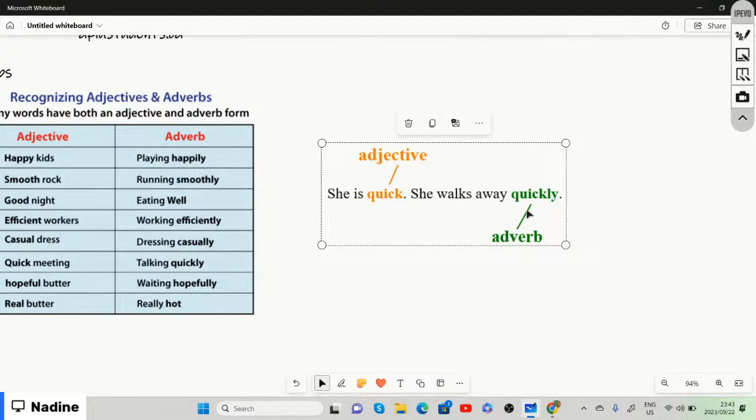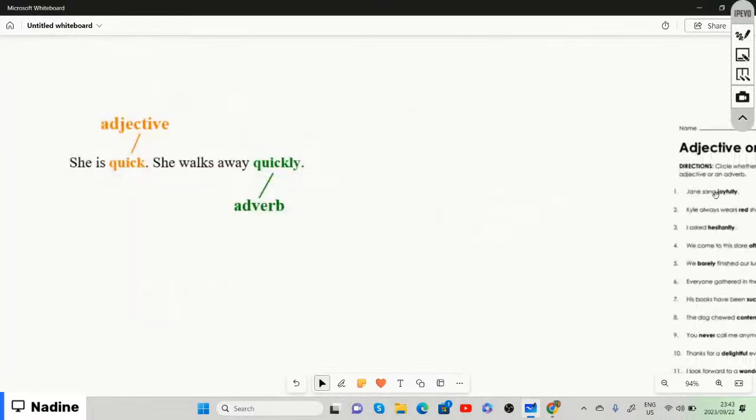It's like saying she is quick. So what kind of person is this? She's a quick girl, right? She's quick, she's fast. But now she walks away quickly. So quickly tells us how she walked away, and that is an adverb. And that is where we'll be able to see the differences between an adjective and an adverb.